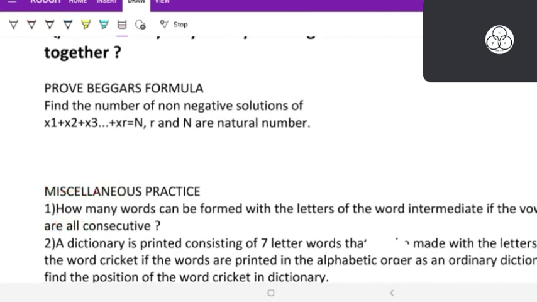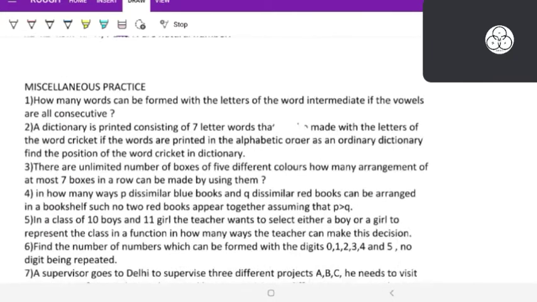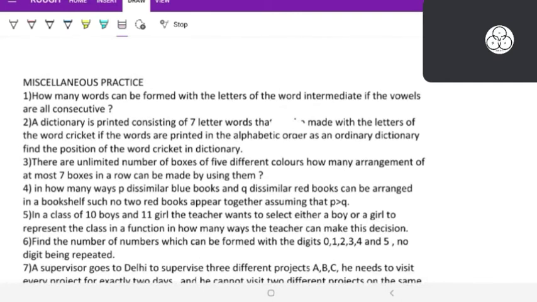From the miscellaneous practice, the questions were already given, so we're not going to discuss all the questions. I'll discuss 4 questions.